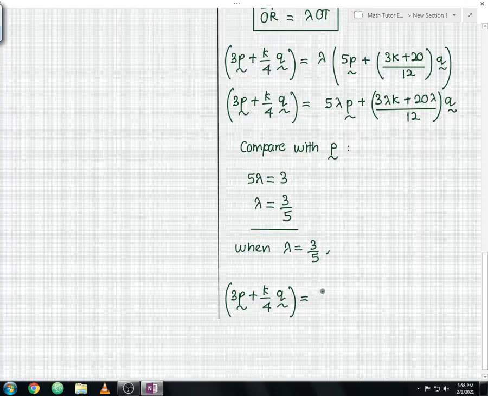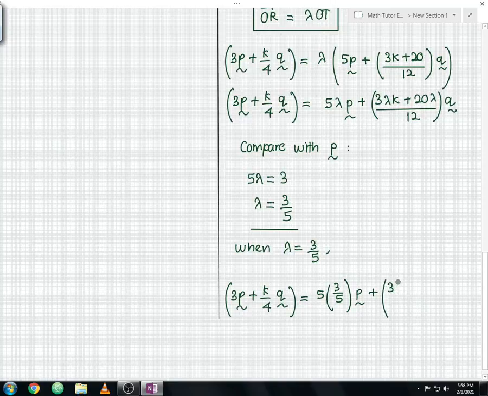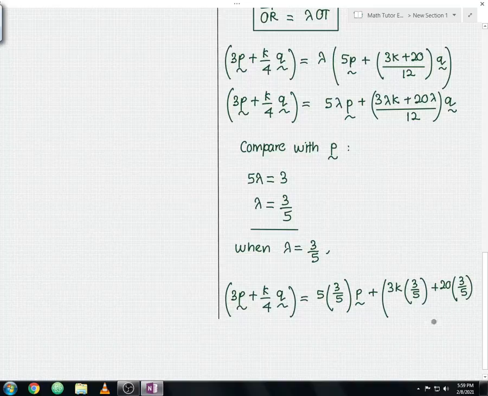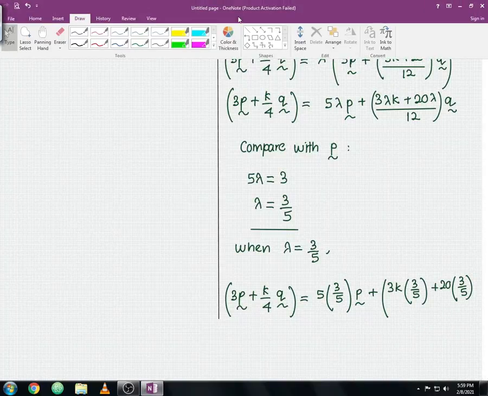So from here 5 times 3 over 5 close bracket, times component P plus 3 times, we decided to write the k over here, times the lambda value 3 over 5 plus 20 times 3 over 5, and you divide with 12.